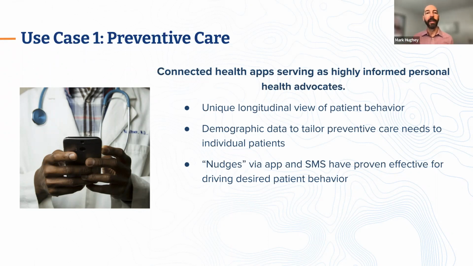We'd be able to do that type of gap analysis that would help reduce duplicate messaging, improve the effectiveness of reminders and communication that goes out to patients to encourage them to take the preventive care needs that are relevant to them.